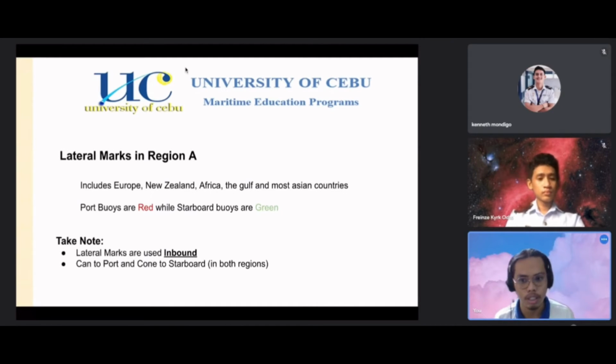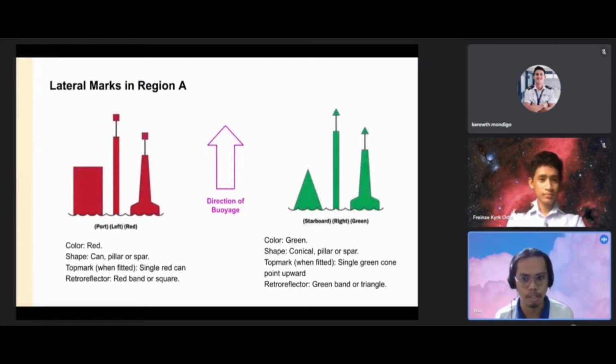Take note, lateral marks are used inbound. To help you get the gist of lateral marks better, remember: can to port and cone to starboard. This applies in both regions. In the next slides, you will understand this much better.